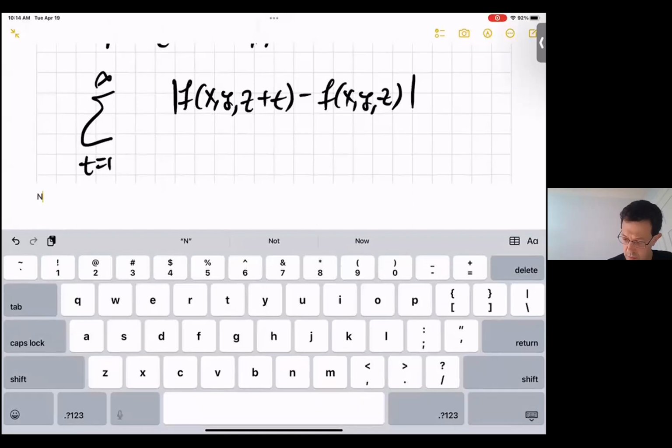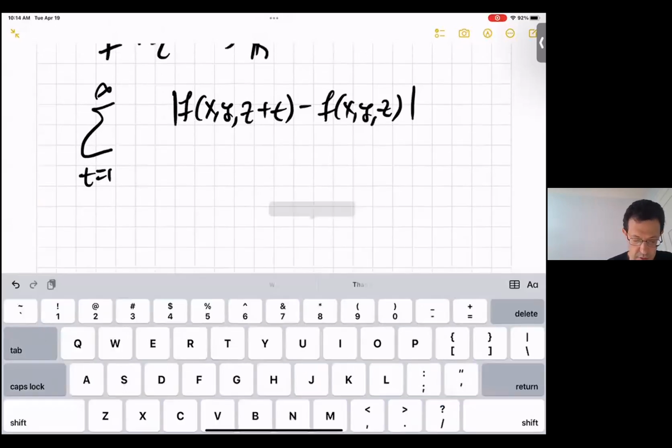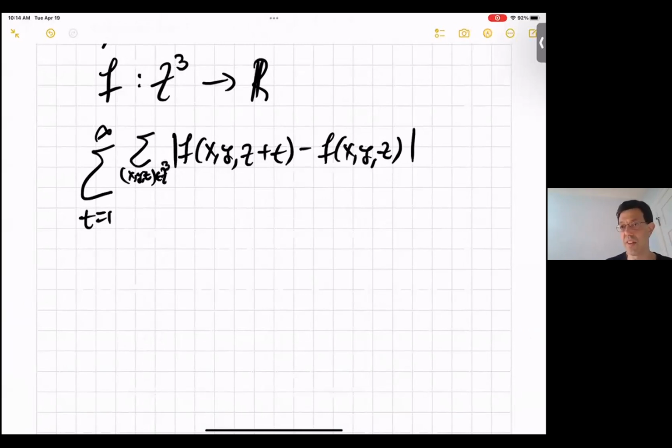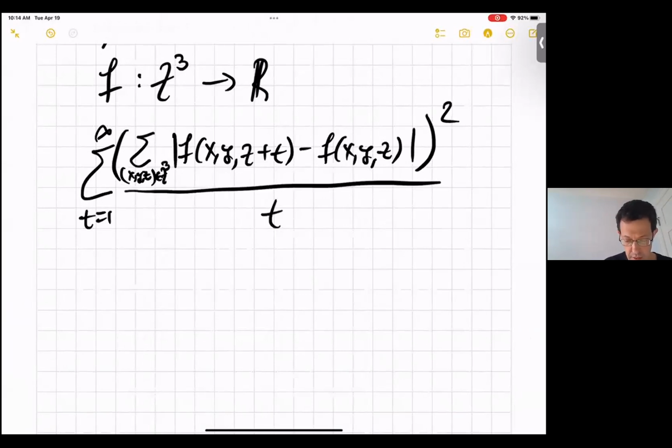Sum this over all x, y, z in the integer grid, supposing f is finitely supported. Square the sum, normalized by t squared. In this case, it's dimension 3, so 4 in this case, then the power is 3.